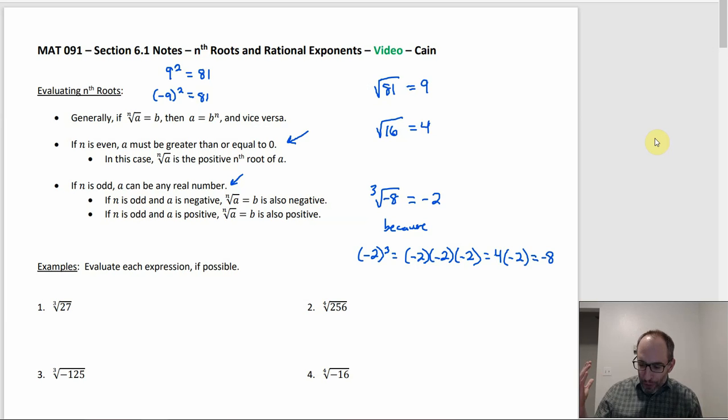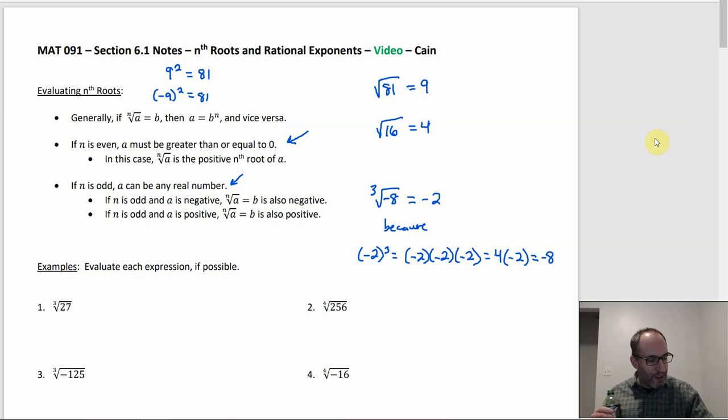When you're taking the odd root of a number, there is one number that you could raise to that power to get that radicand. So when you have an odd root, things in a way end up being simpler, even though there are more possible values. Doesn't seem like those should go together, but they kind of do.